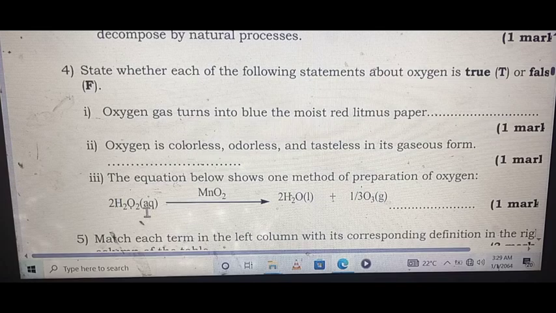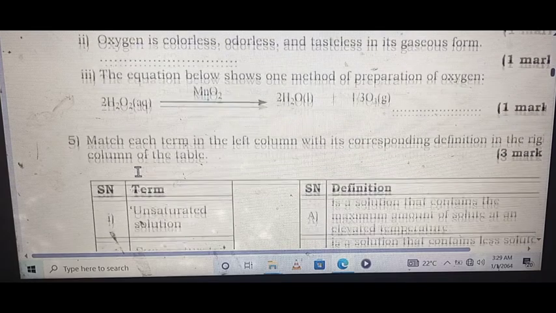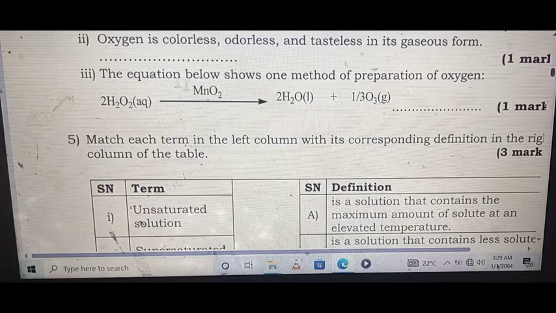The correct answer is true. 3. The equation below shows one method of preparation of oxygen: hydrogen peroxide aqueous in the presence of manganese oxide to form water and ozone. The correct answer is false.